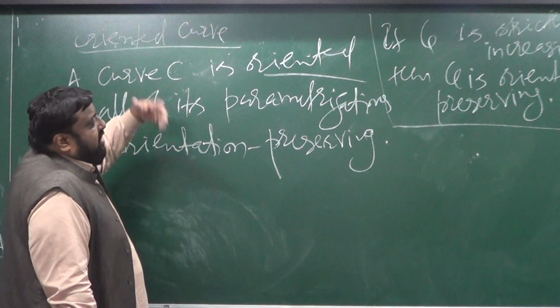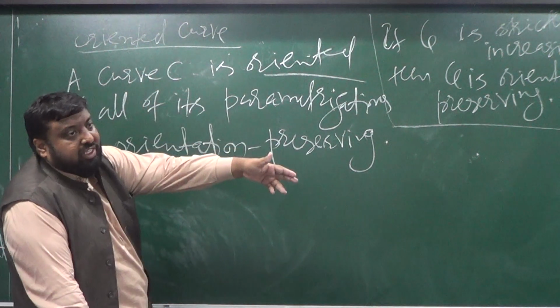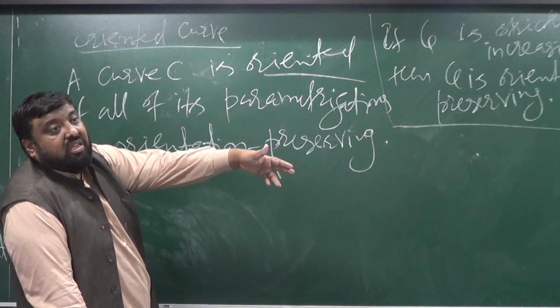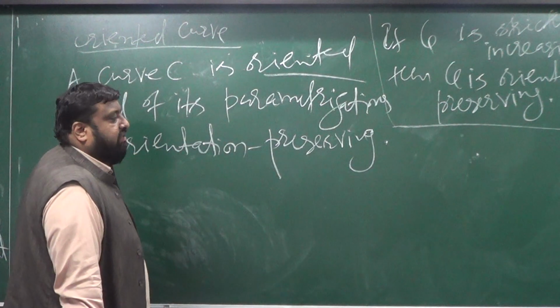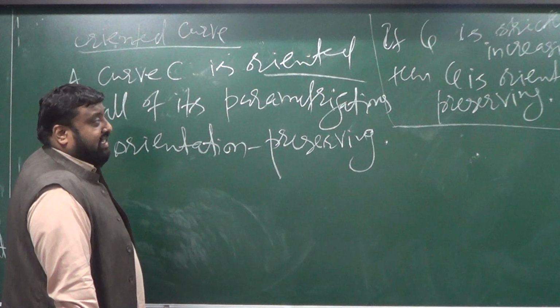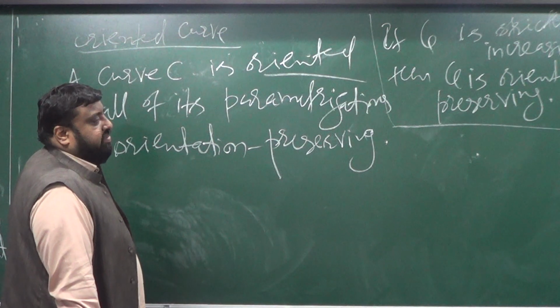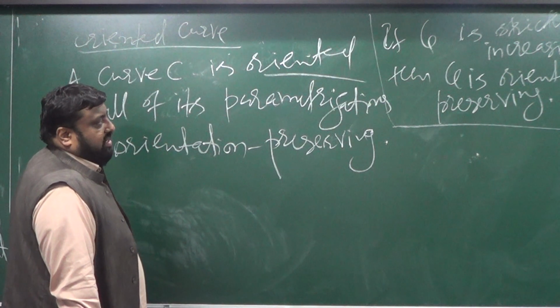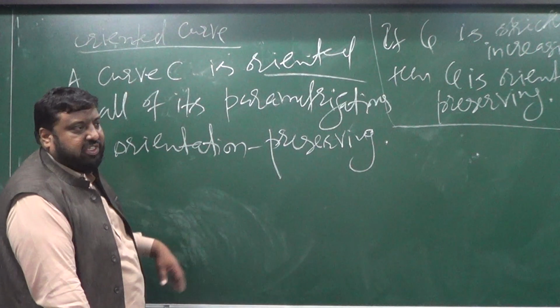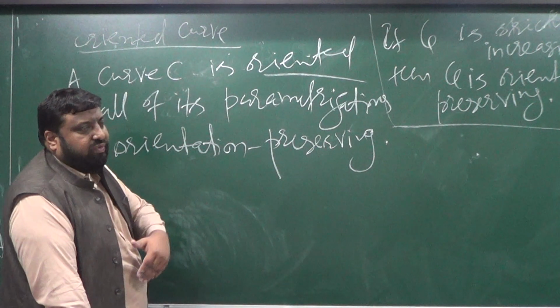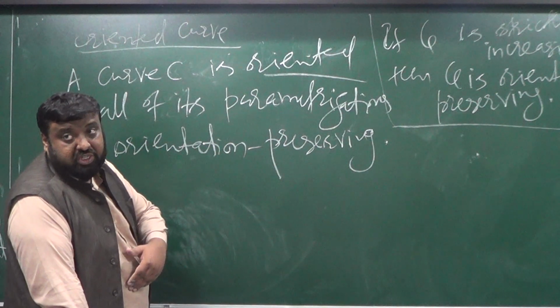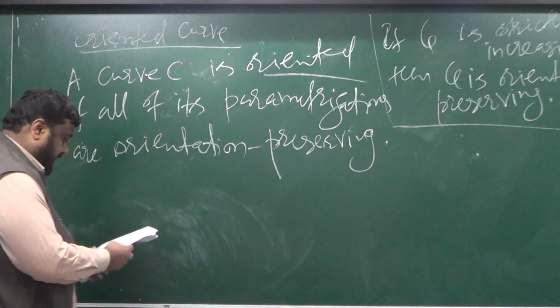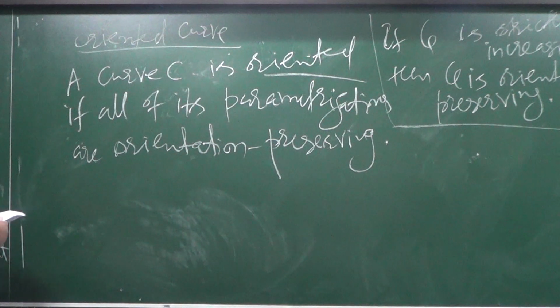If they are orientation preserving, all of these phi's are going to be strictly increasing. So you can't find a decreasing or a constant function phi which takes you from one parameterization to another parameterization.